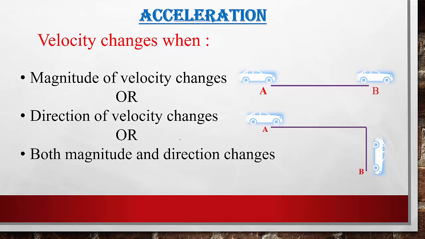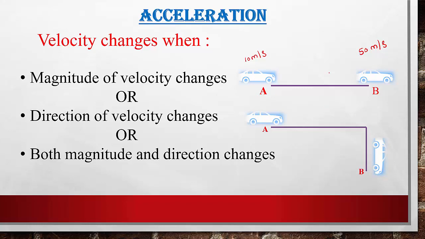For example, if a car is moving with a velocity of 10 meter per second, let us take this as the initial velocity of the car. When it reaches point B, its velocity increases to 50 meter per second. Now the car reaches point B from point A with variable velocity.